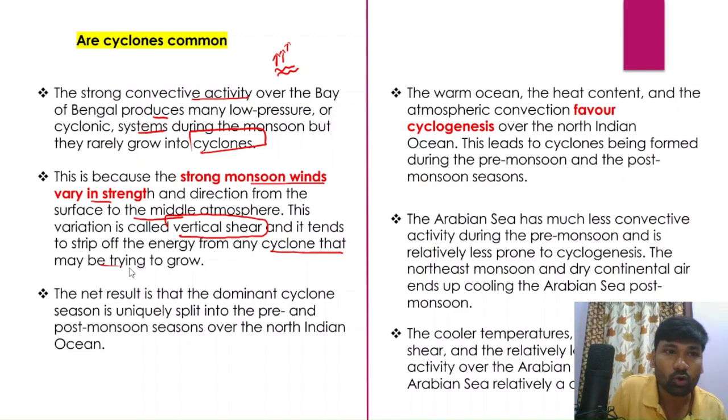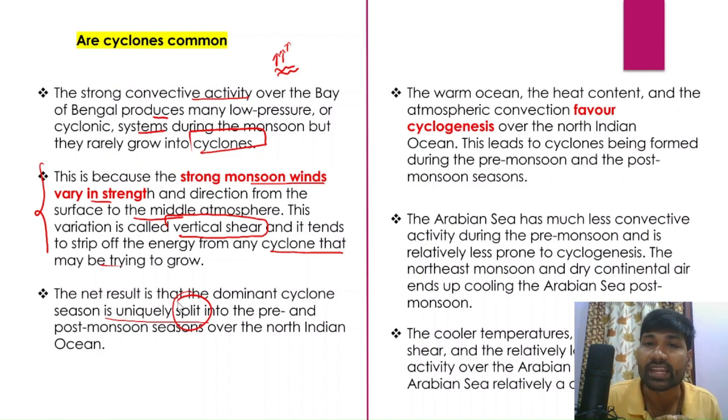So the net result of this interplay is that the dominant cyclone season is uniquely split into the pre-monsoon season and also the post-monsoon season over the northern Indian Ocean.